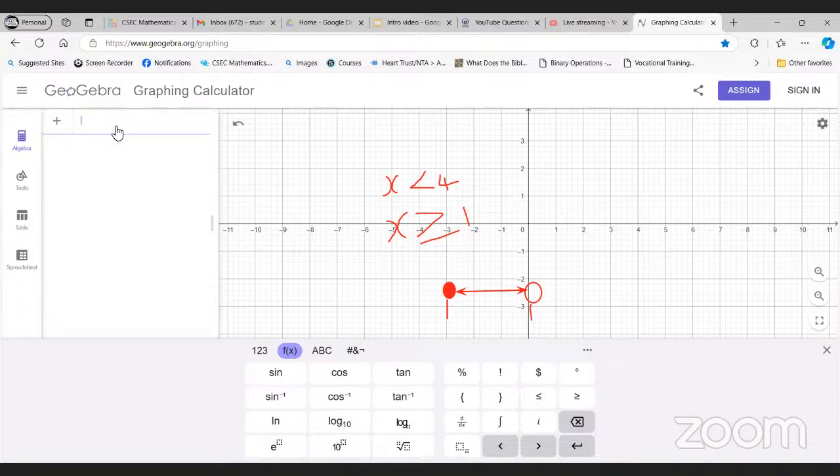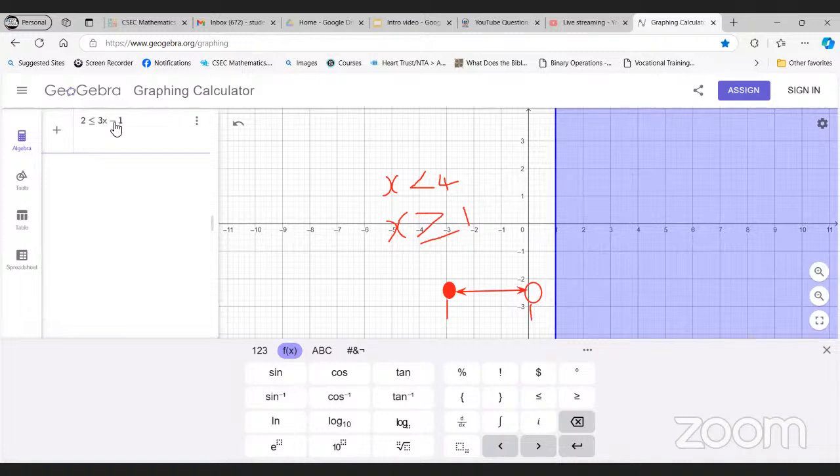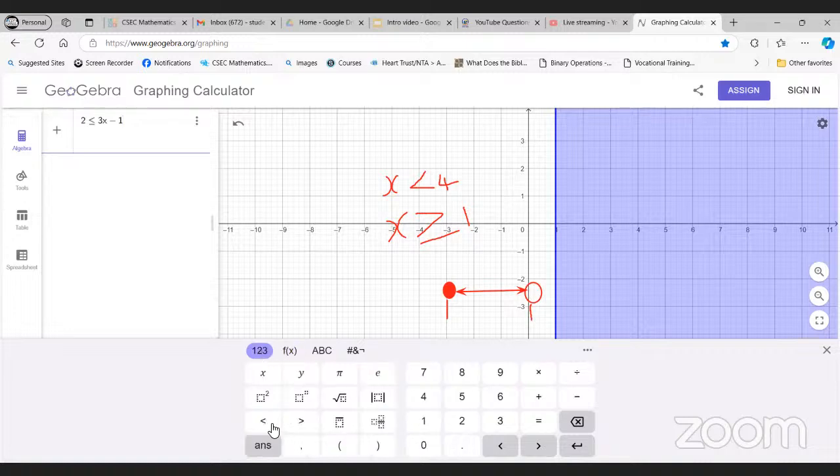So here we go. Put in 2, less than or equal to, the function 2x minus 1, and then the less than sign at 11. So you see? Same thing. Solid line at 1, dotted line at 4.